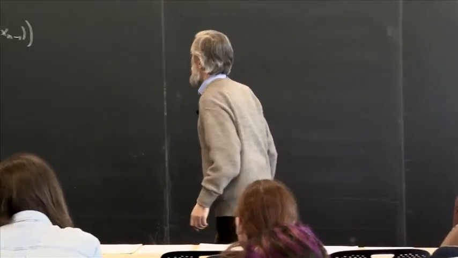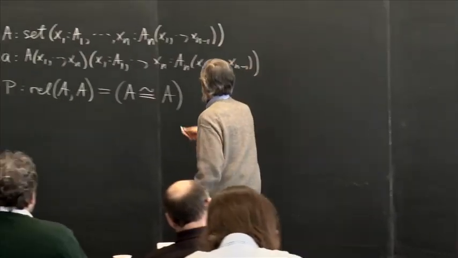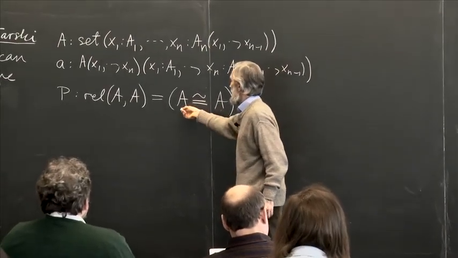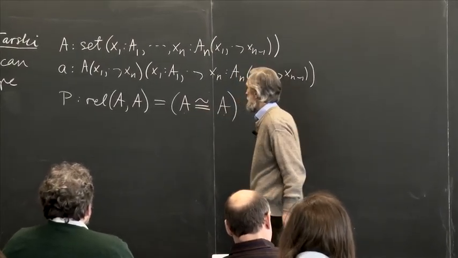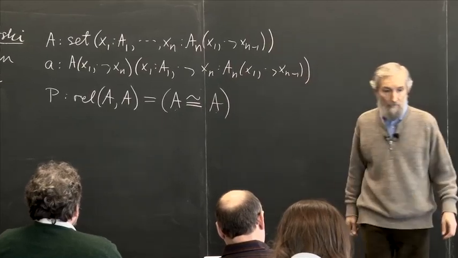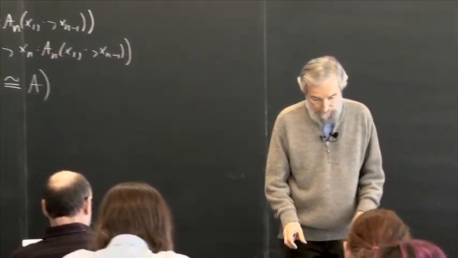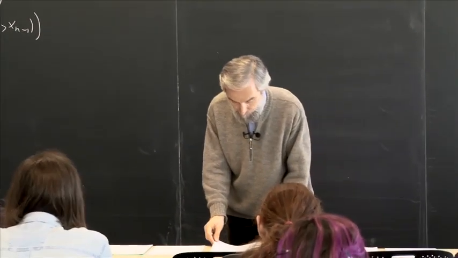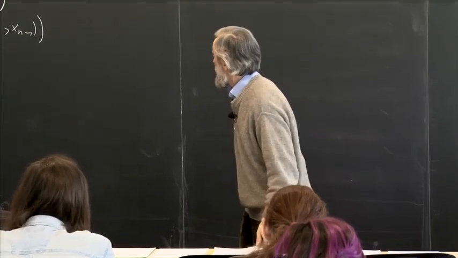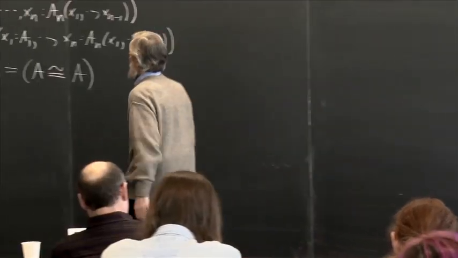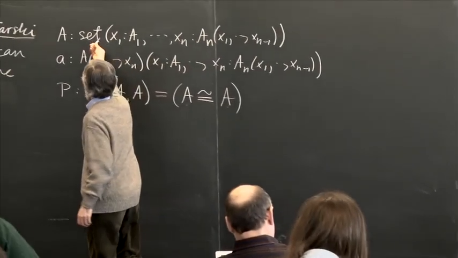So we read this as A is related to A, or A corresponds to A. So that's what it means for a set to be relation invariant.